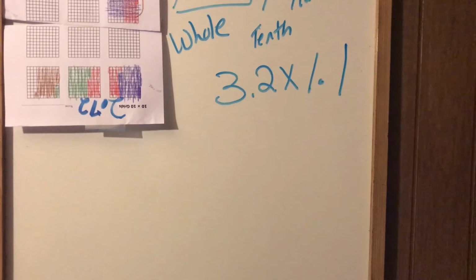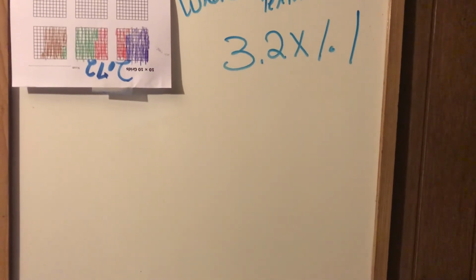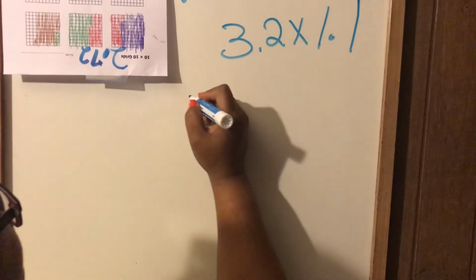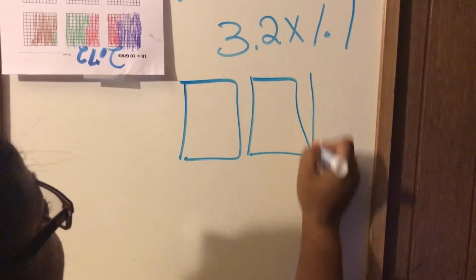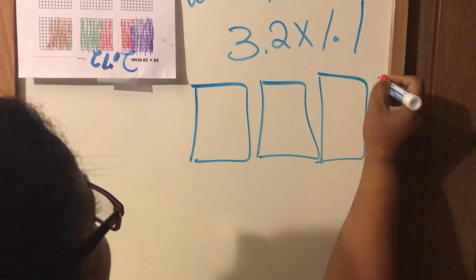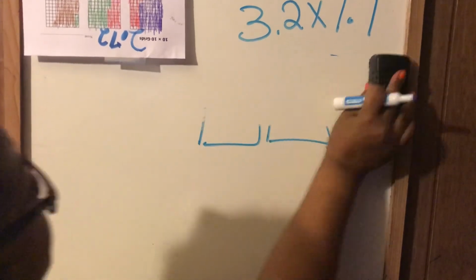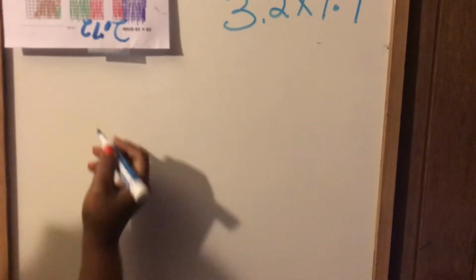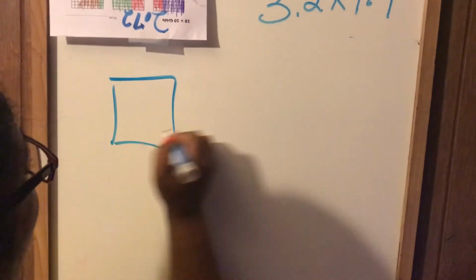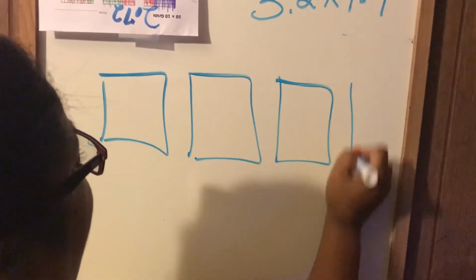So you ready? So now I have, let's see, 1, 2, 3, 1, 2. You can hardly see that, can you? So let me erase it. 1, 2, 3.